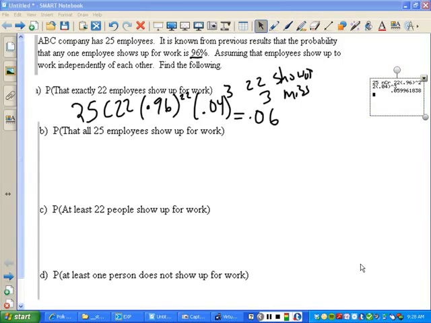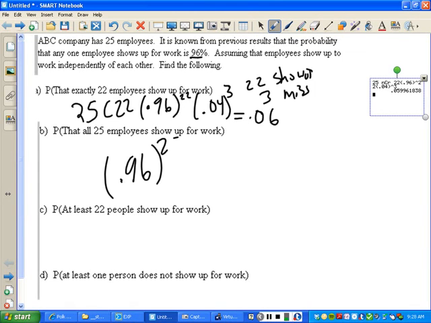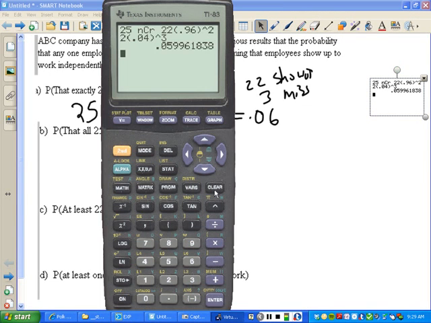All right. So now, what's the probability that all 25 employees show up for work? Do you have to do such a long formula? No, because there's only one way that everybody shows up. So that's 0.96 straight to the 25th power. We could type that in: 0.96 raised to the 25th. And you get 0.3604.